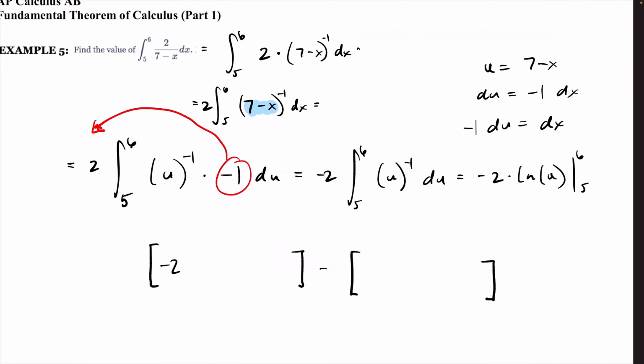So I have -2 times the natural log of something, and then -2 times the natural log of something. What is that something? 7 minus x, right?